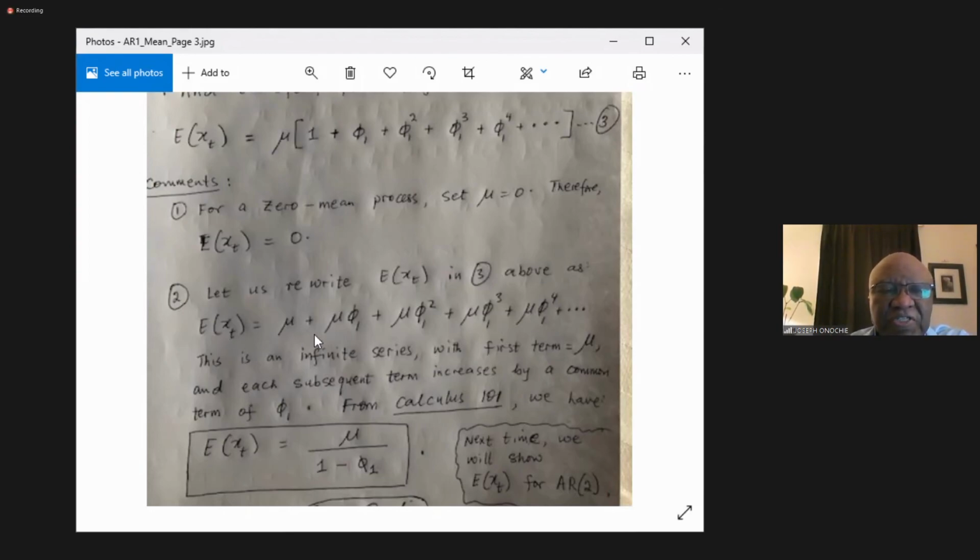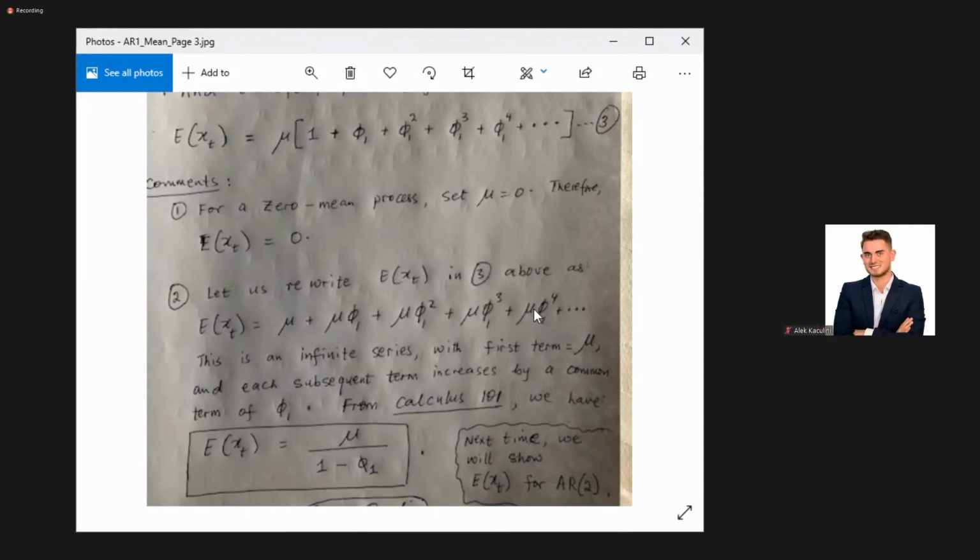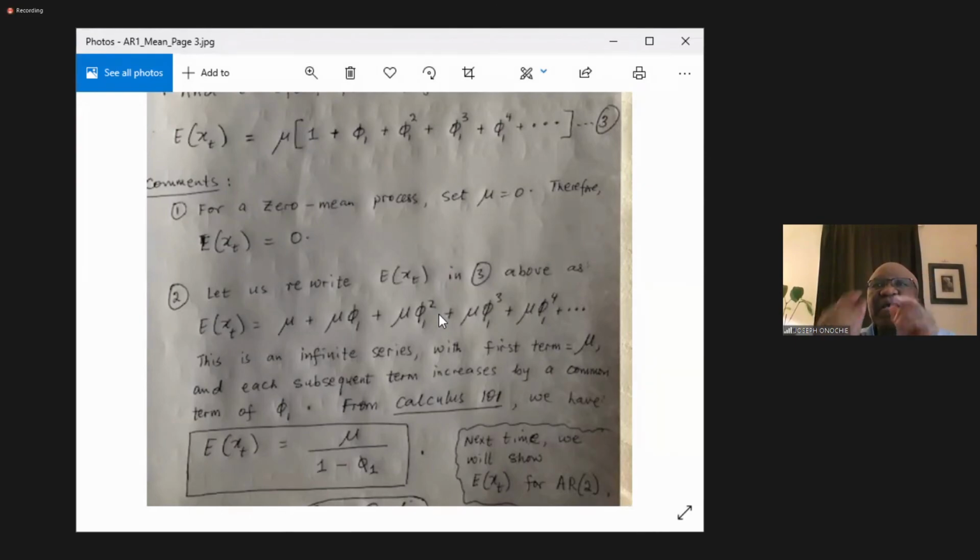So if you have such an infinite series whose members are separated by a particular constant, then the average of that infinite series is given by the first term divided by 1 minus that constant that separates each term.